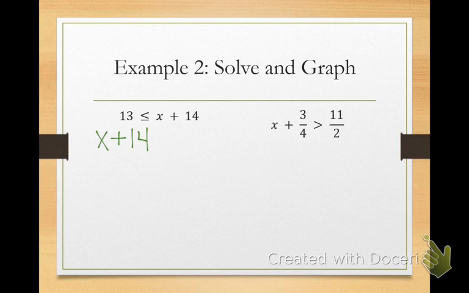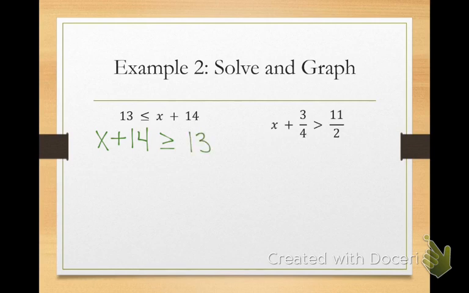X plus 14. But here's the key. Here's the catch. Make sure that the inequality is still open towards the x when you switch it. So you see how it's open towards the x? So when I rewrite it, it needs to stay open towards that side. Otherwise, you're going to get the answer wrong.